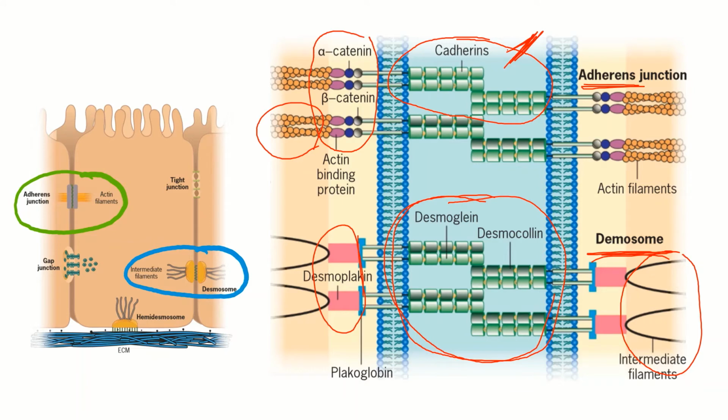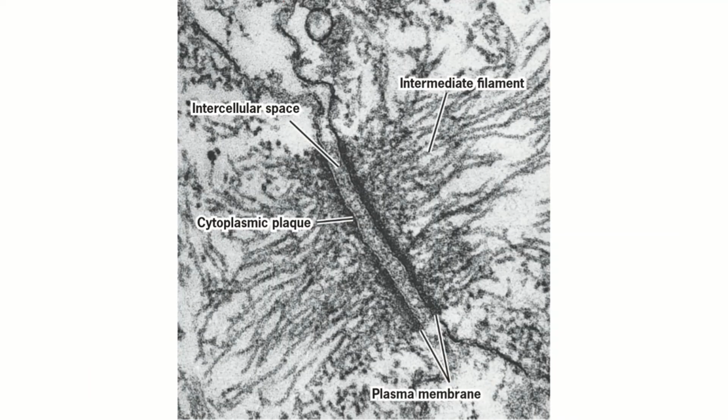But the functions of these, although they differ in their structure, both adherens junctions and desmosomes, is for the adherence between two cells. So here's an electron micrograph of a desmosome. You can see here the plakin and then the intermediate filaments, and the two cells that are attached together, as shown in this boundary here.